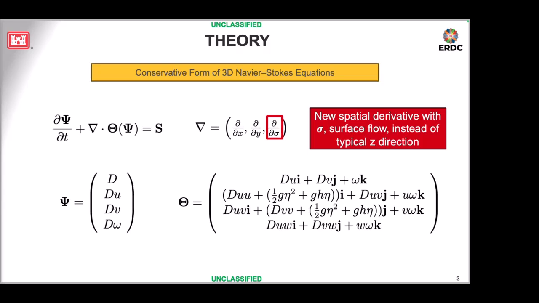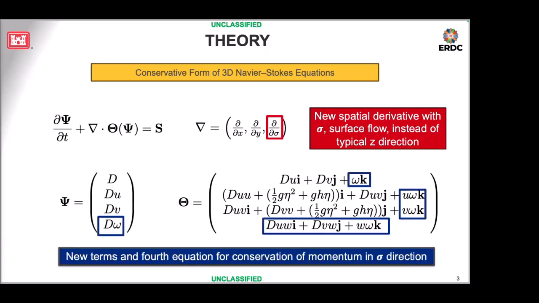But the thing to notice here is we're doing this derivative with this new quantity of surface flow instead of the typical z direction. What this results in mostly is that there are some new terms in our equation, and also there's now a fourth equation for the conservation of momentum in this new sigma coordinate, or surface flow coordinate.